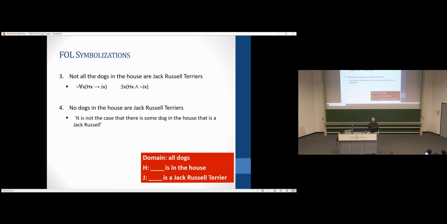Let's think about our second one. No dogs in the house are Jack Russells. Well, one way to come at this one is as: it's not the case that there is some dog that's in the house and is a Jack Russell. Does that look at all familiar? Yeah. It's just the negated existential. It's the negation of the second one we did. Now that's one way to do it.